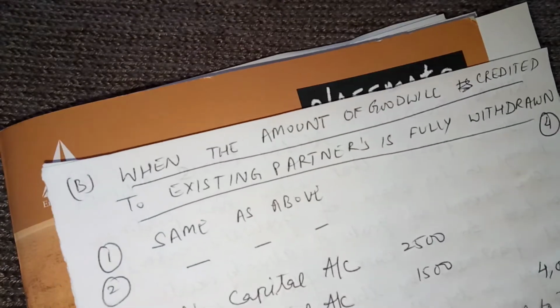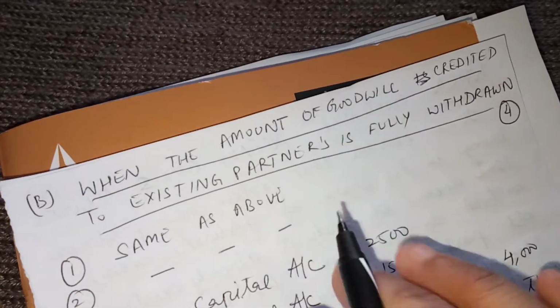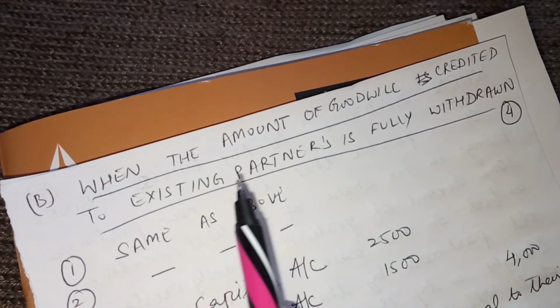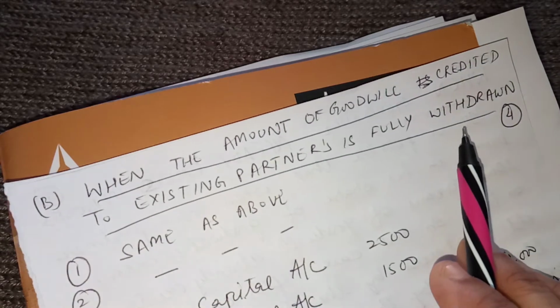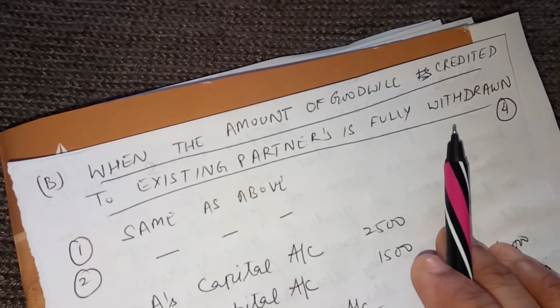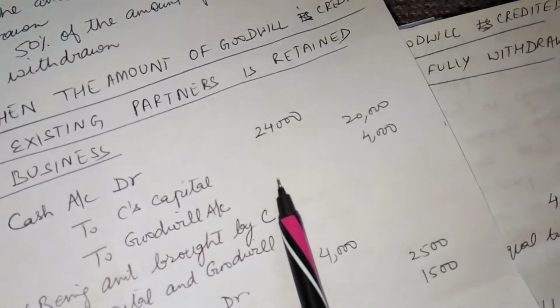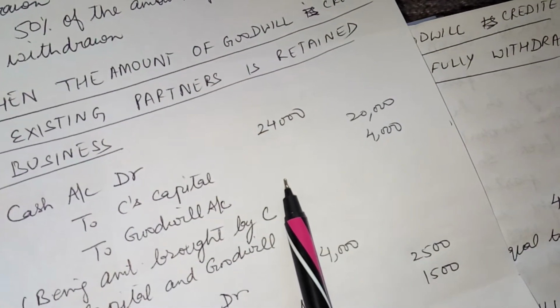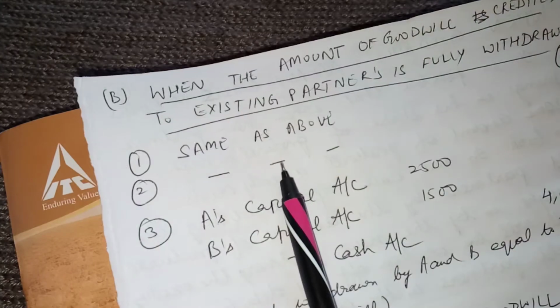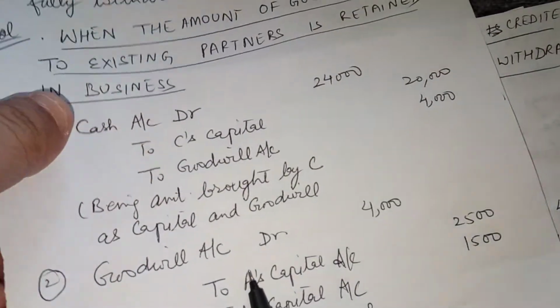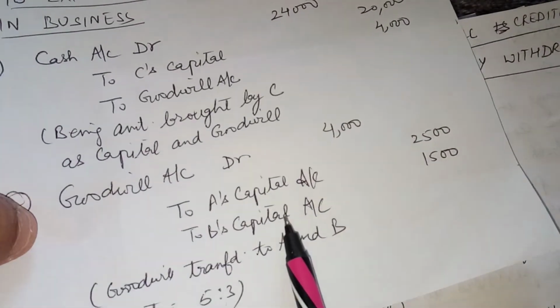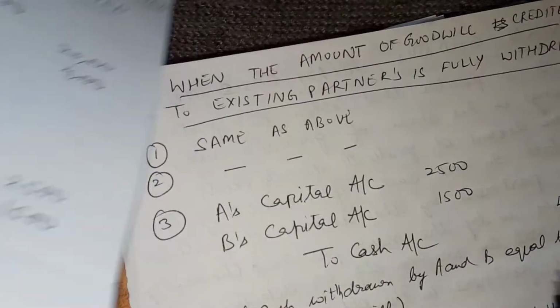Number second case is when the amount of goodwill credited to existing partners is fully withdrawn. When the amount is withdrawn, in that case, first entry will be same, that is this one entry, cash account debit to C's capital to goodwill. Second will be same, that is this one entry, goodwill account debit to A's capital to B's capital in their profit sharing ratio.